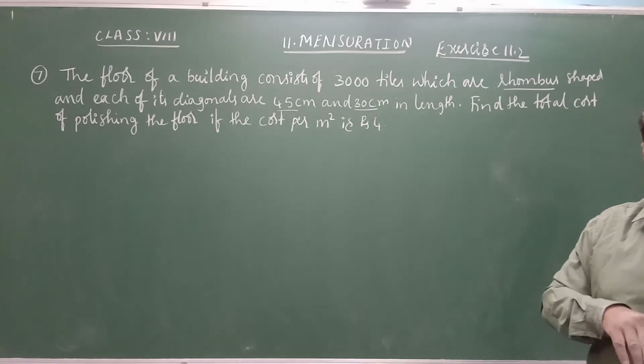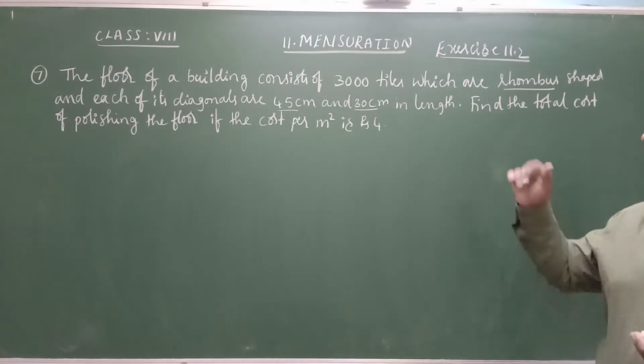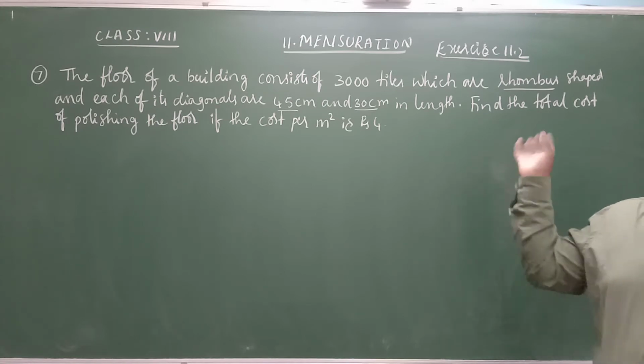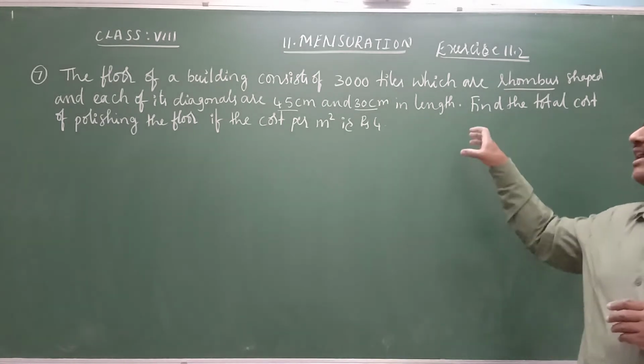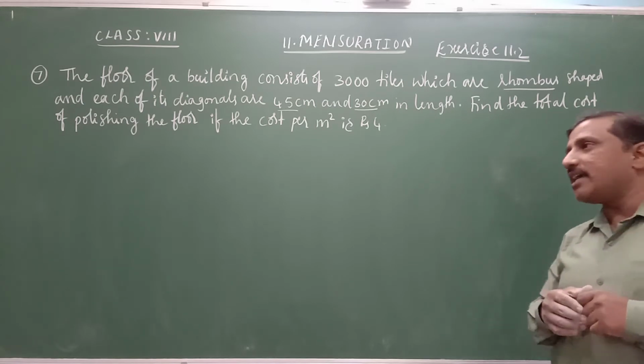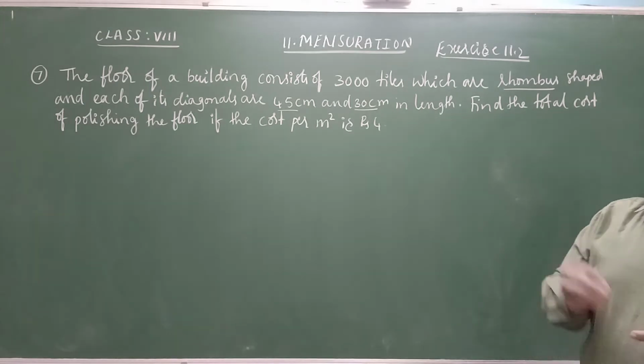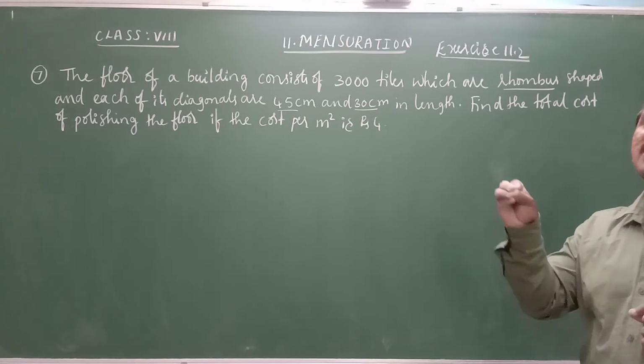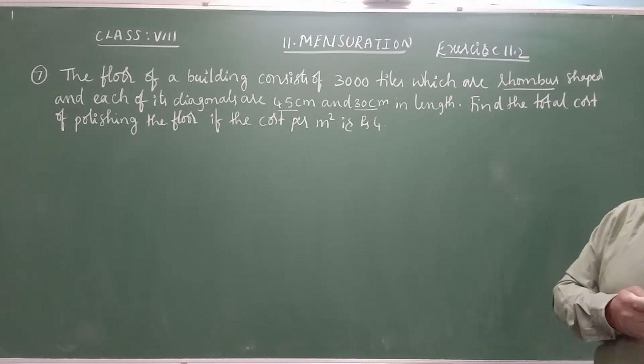So we can find the area of the floor by finding the area of the 3000 tiles. How do we find the area of 3000 tiles? First find the area of one tile, then multiply it by 3000.